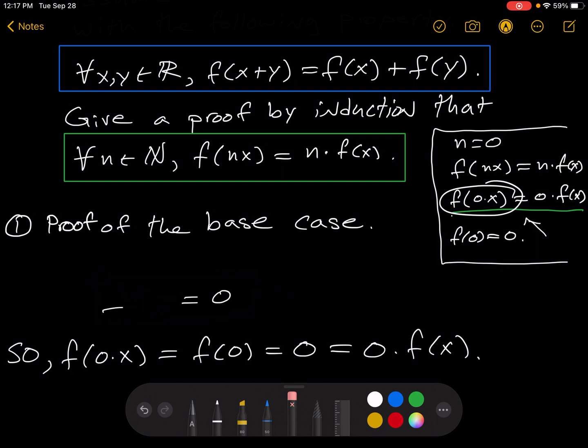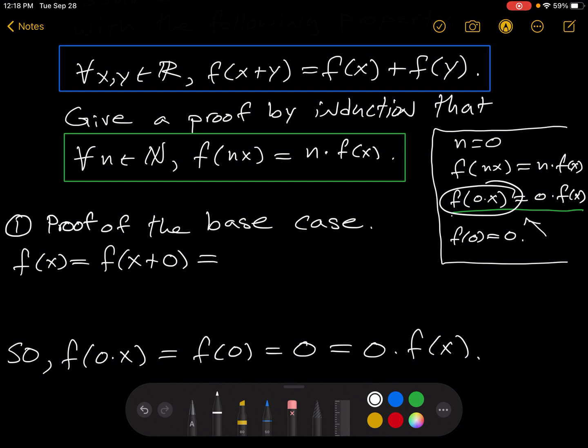So now let's establish that f of 0 equals 0. And to do this, we're going to have to use the special property. Otherwise, the special property wouldn't have been included in the example. So f of x is equal to f of x plus 0.